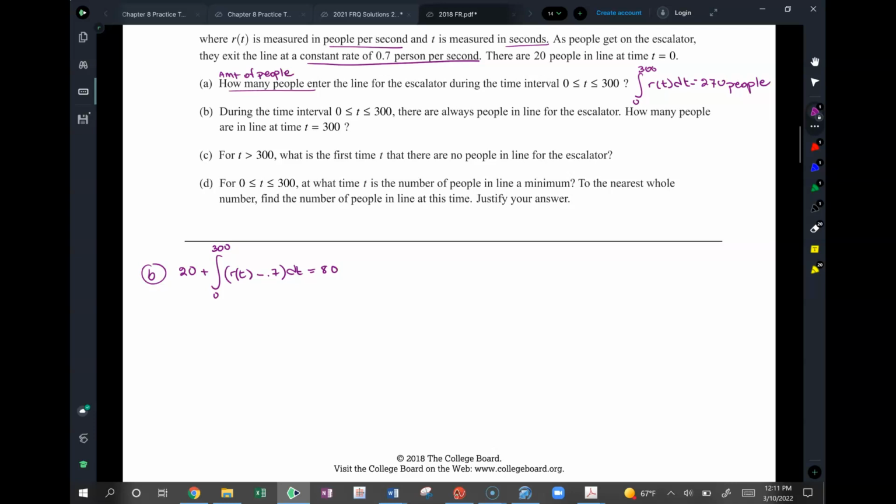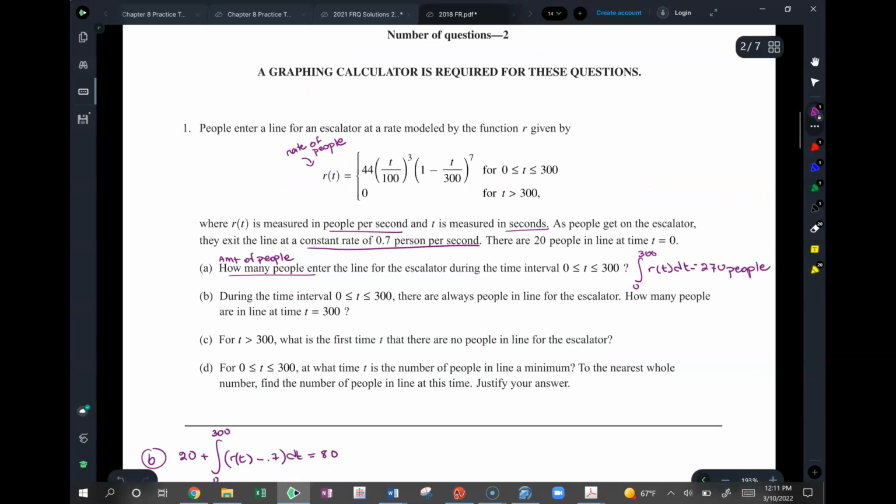Okay, for t greater than 300, what is the first time t that there are no people in the escalator line? Well, based on this, at time 300, so this is for a time greater than 300. Look at what's happening here.